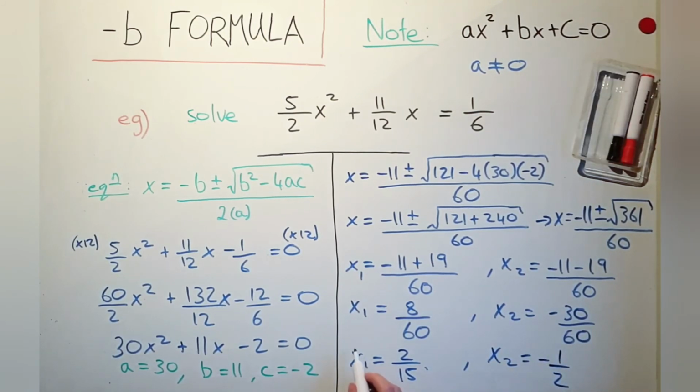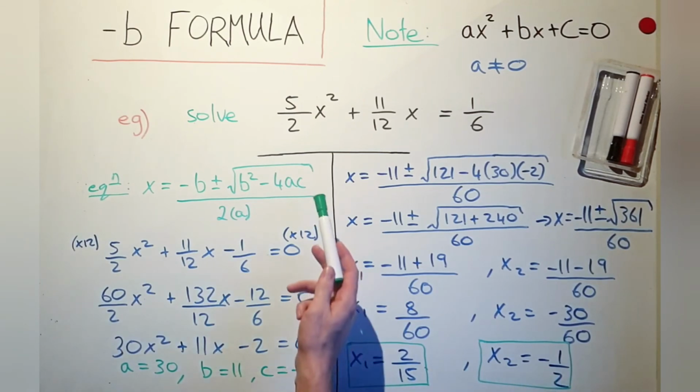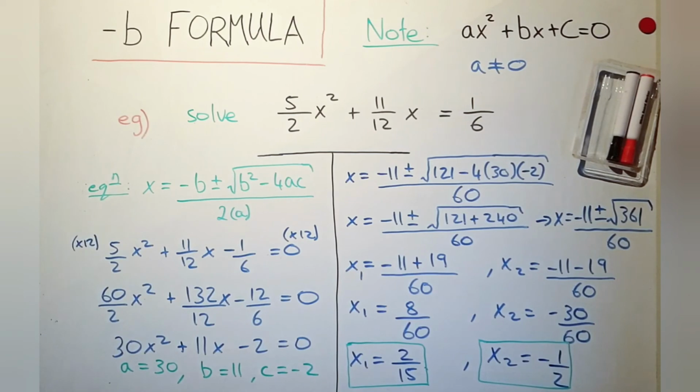Okay, so we found our x values for this quadratic using the minus b formula. So if you want to verify that these two values are indeed the correct roots of this quadratic, what you would do is you would put x1 in. You should use this one actually because we've simplified it, and because this is the exact same as that, it's just simplified.